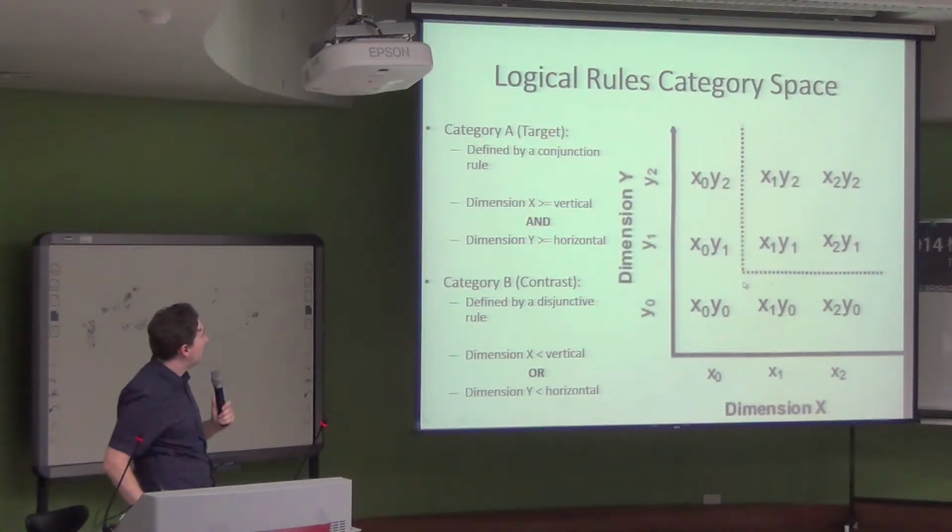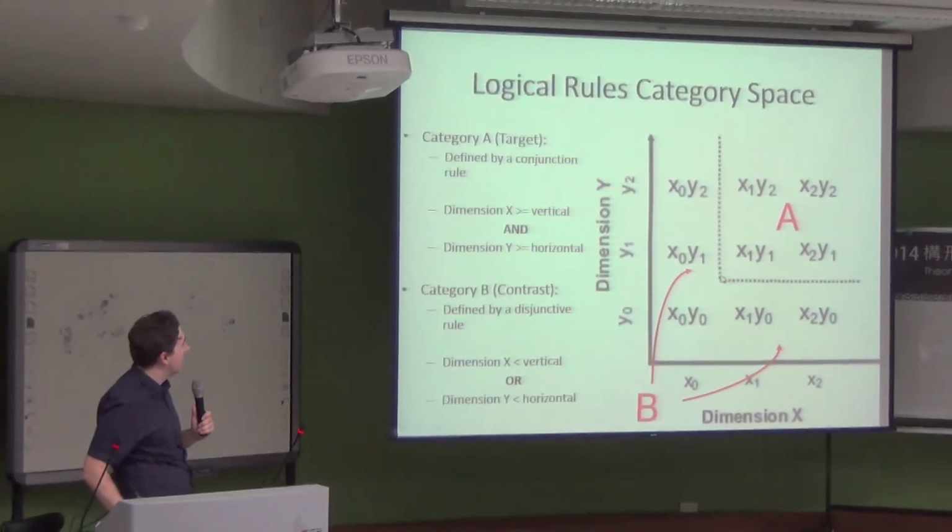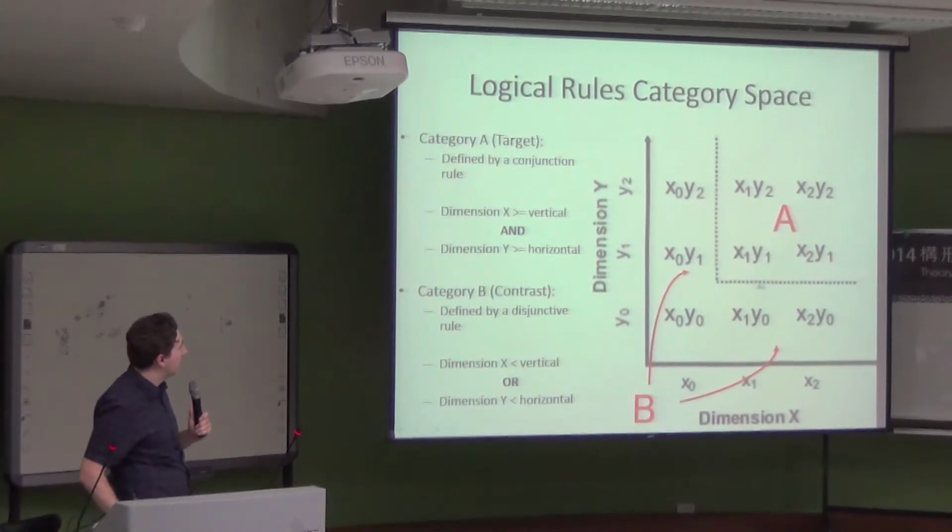Then you carve up the space by introducing this L-shaped boundary. One category, which I'm going to call category A, is defined by this conjunction rule. An item belongs to category A if it has a value on dimension x greater than this vertical boundary, and a value on dimension y greater than this horizontal boundary.